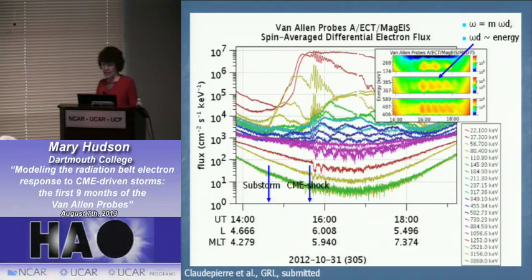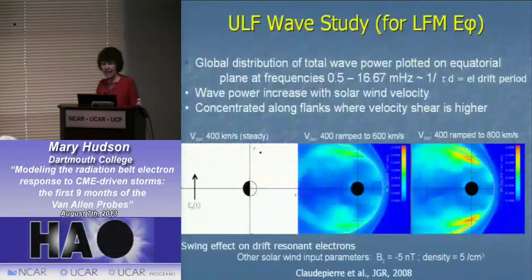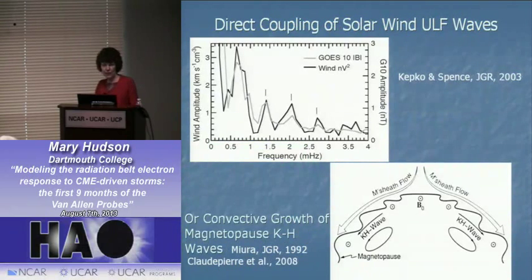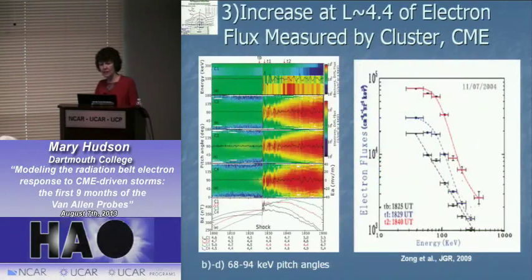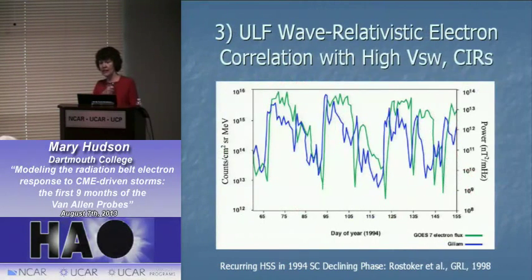So what does that have to do then with accelerating electrons? Well, the ULF oscillations have a history of being correlated with a rise in relativistic electron flux at geosynchronous. So here is a different class of storms rather than CME-driven storms.